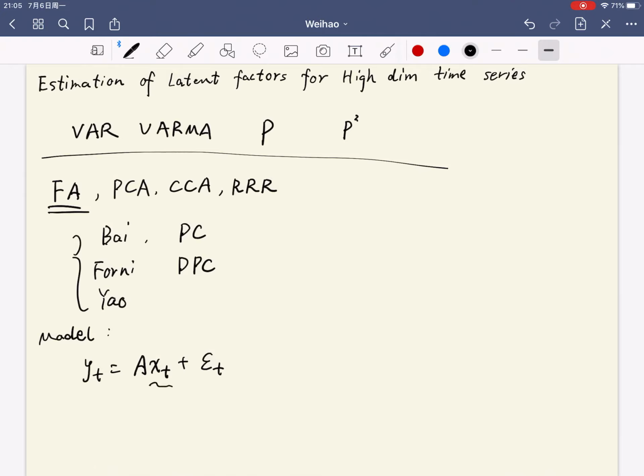This x_t is the low-dimensional factor process, and this epsilon_t is white noise. We assume x_t is strictly stationary with finite first two moments. And this A is called the constant factor loading, which is shared among all times t. Epsilon_t is white noise with mean 0 and variance sigma_epsilon.